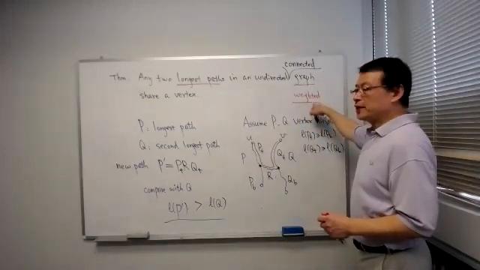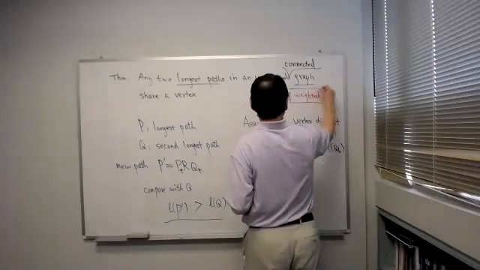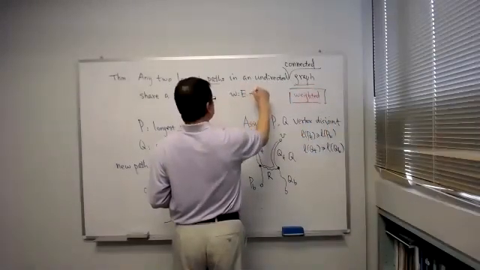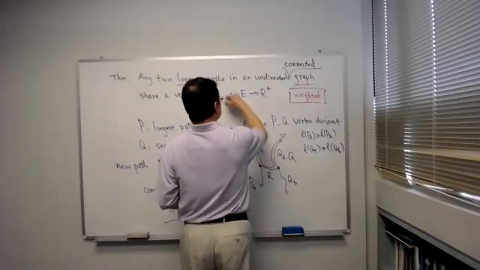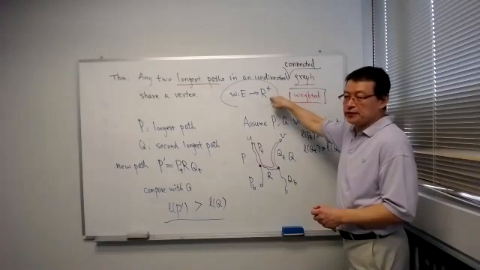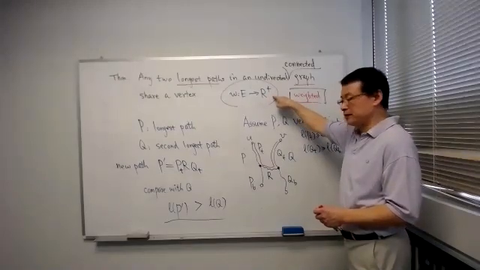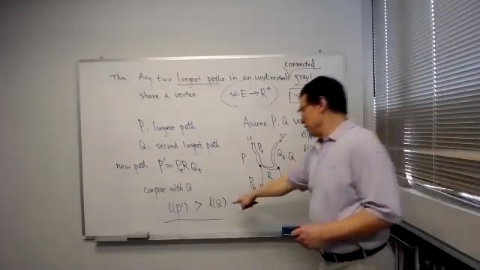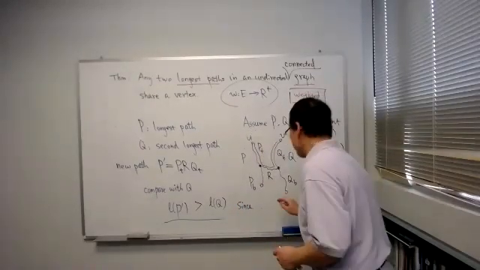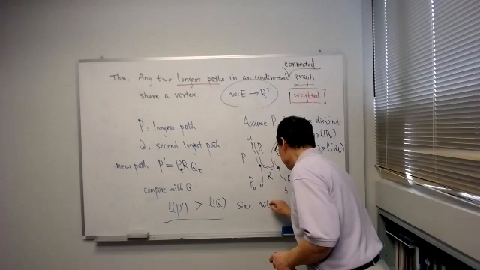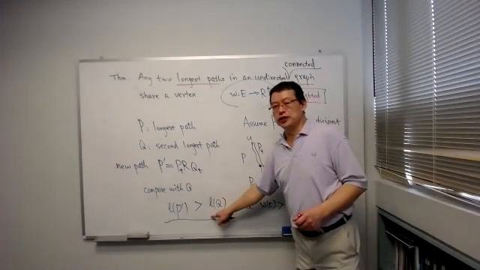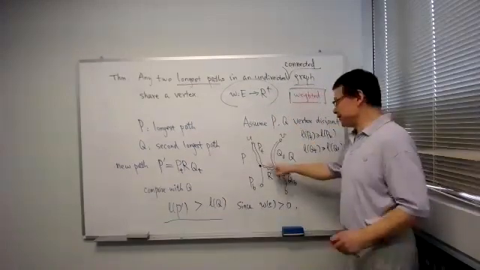For a weighted graph, in the weighted case, if the weight of each edge is a positive integer, we always have this situation. If we allow negative weight, that may not happen.